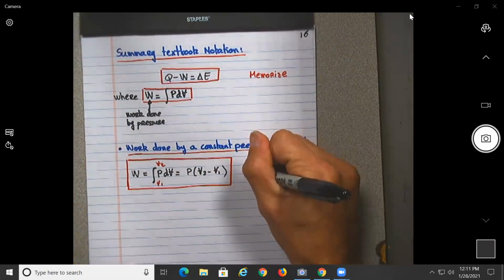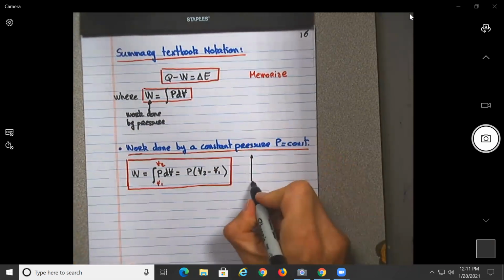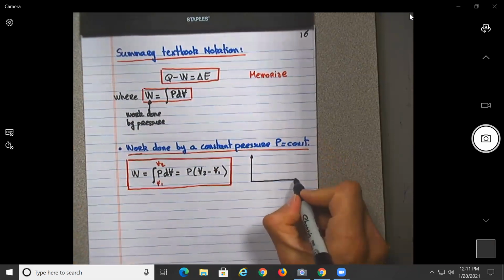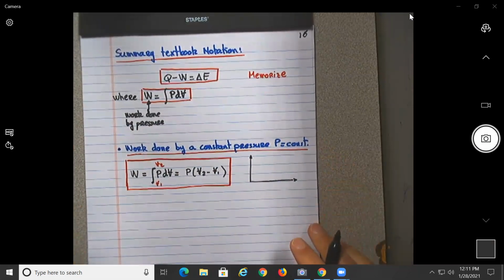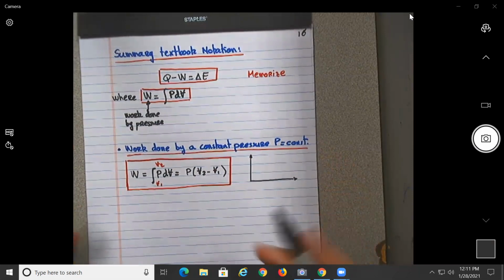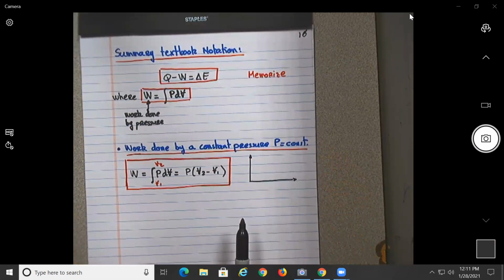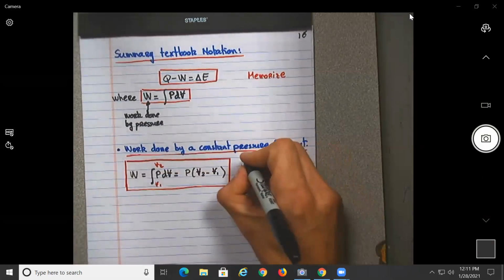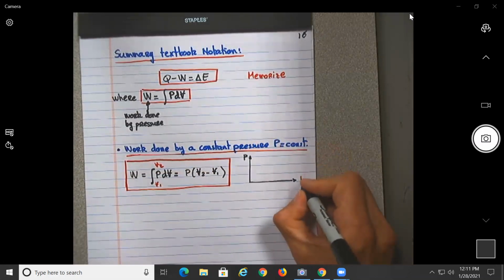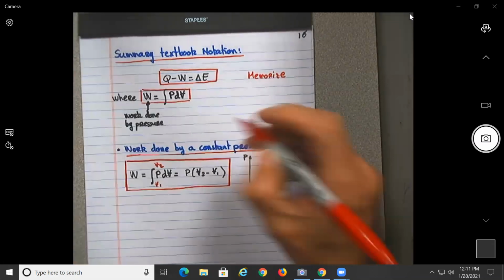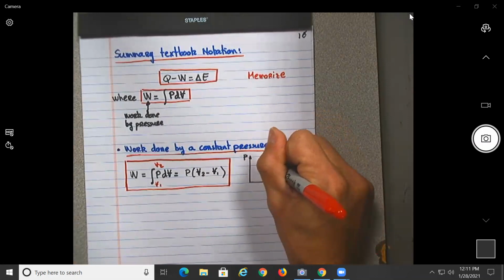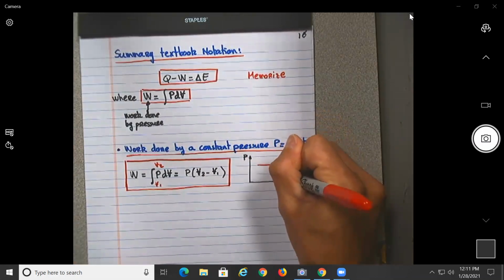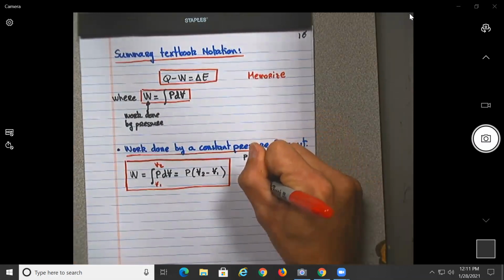Now, mathematically, why did somebody invent the integral sign? So if I do a figure, this will be equivalent to what? Let's say this is P and this is V. If the pressure is constant, what does that mean? It's just a straight line.